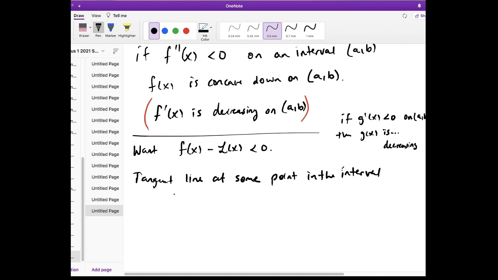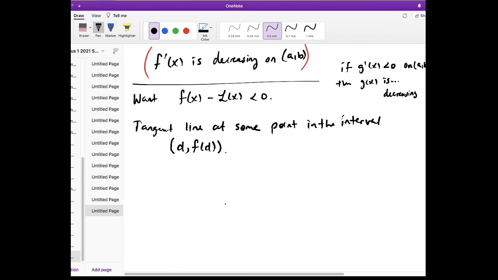Let's say the point is D and then f of D. If you want to do step by step, if we know the point, what's the other information we need?